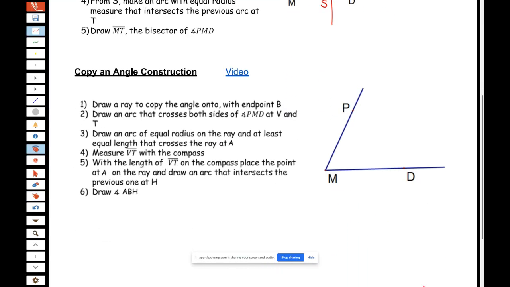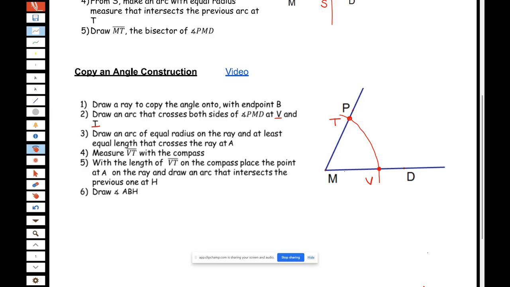We're going to do that here as well, an arc that crosses both sides of this angle, so that arc is basically part of a circle with M as the center. And we are finding 2 points. They asked us to call them V and T in the directions.